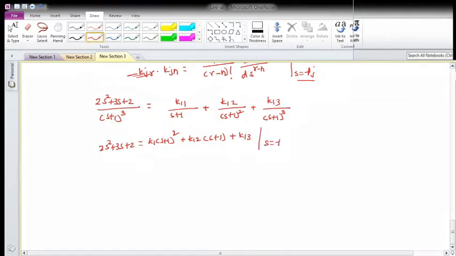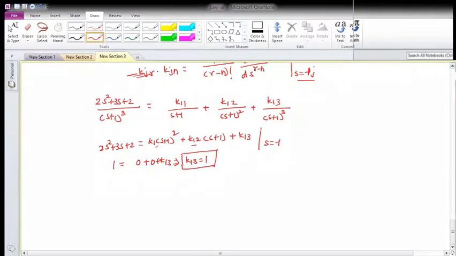If I evaluate, what will it be? This term will vanish, this term will vanish, right? And here s is equal to minus 1. If I evaluate, it will be 2 minus 3 plus 2, which is 1, this will be 0, this will be 0, and k13. So the first coefficient I got is k13, which is 1.